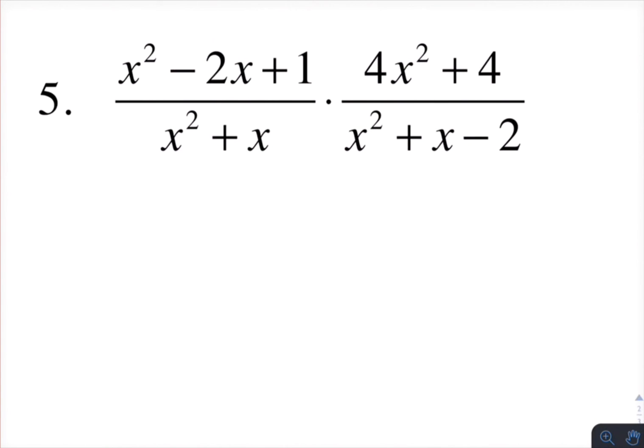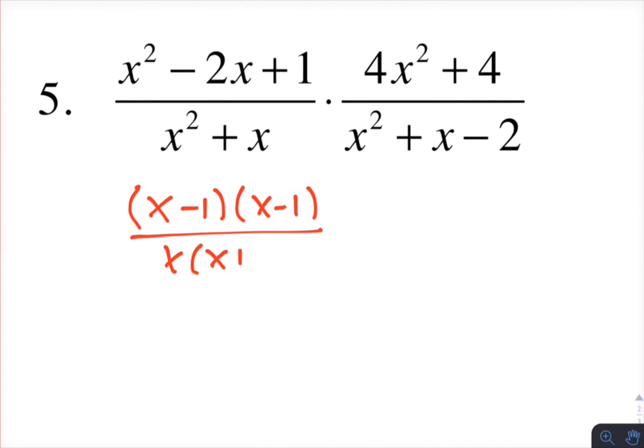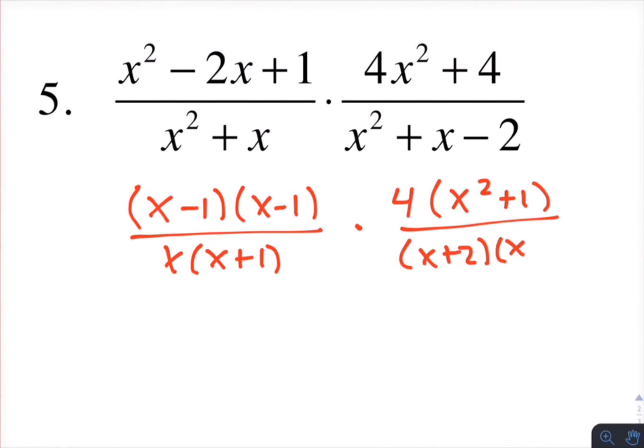Number 5 is a multiplication problem. So again, we factor. And we cancel anything in the numerator that is also in the denominator.